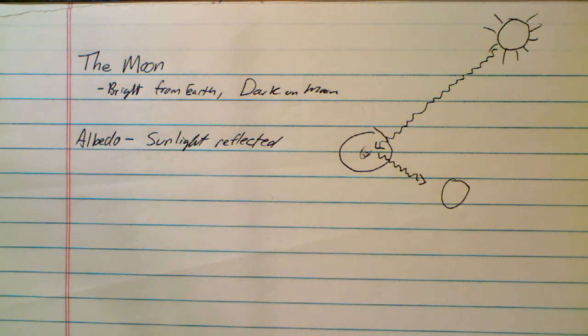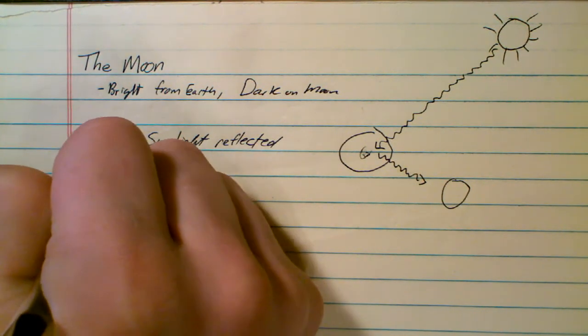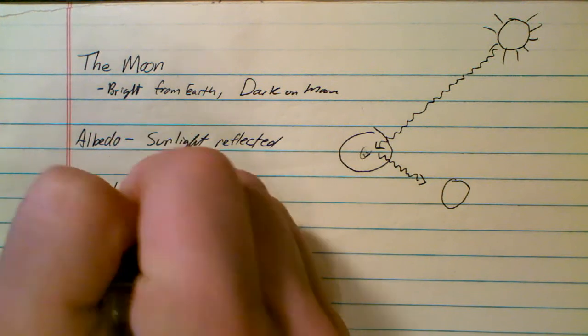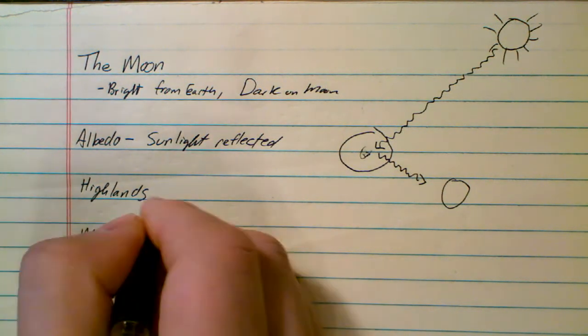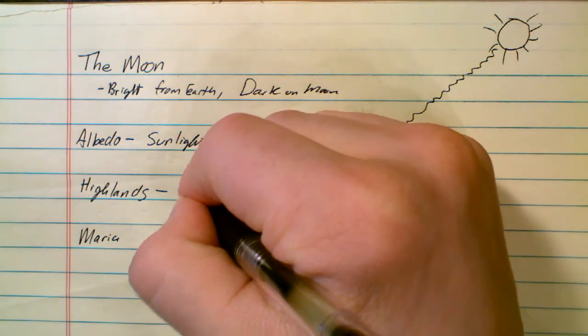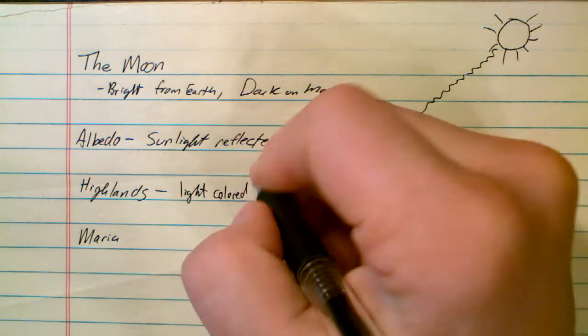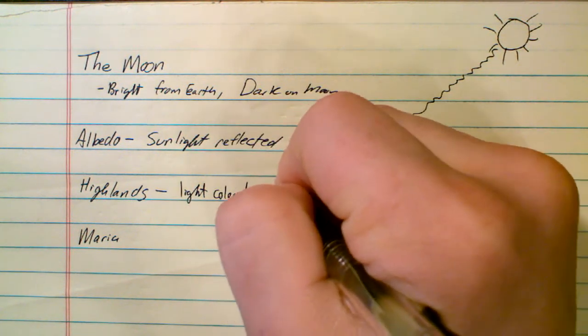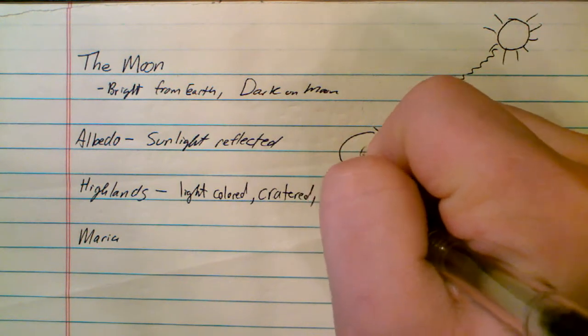Now, some features of the moon that we can see from Earth are the highlands and the Maria. Highlands are light colored and they are cratered and they are mountainous.